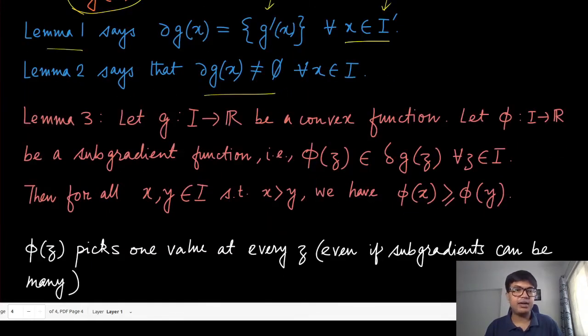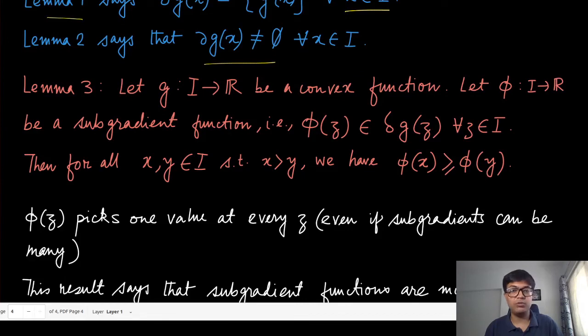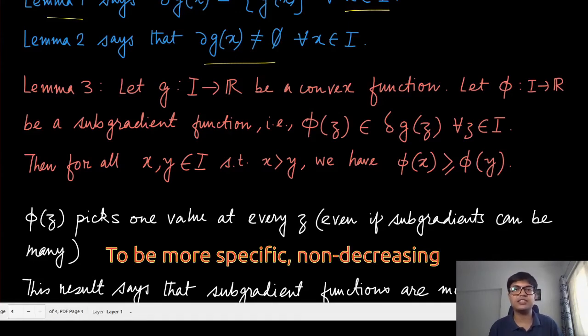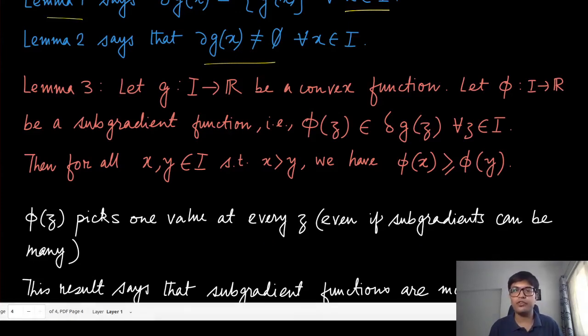So the next lemma that will be very useful for us is a sort of monotonicity. We know that if it was a convex function and it was differentiable everywhere, then the derivative is monotonically increasing, right? This is coming from the fundamental property of convex functions.